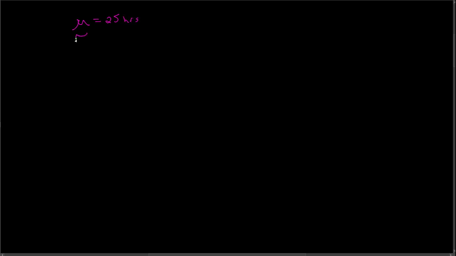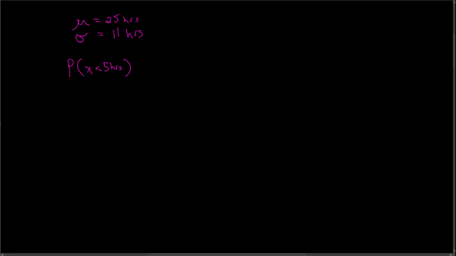And our standard deviation is 11 hours. And we want the probability that they worked less than 5 hours per week. So we want the probability that x is less than 5 hours.